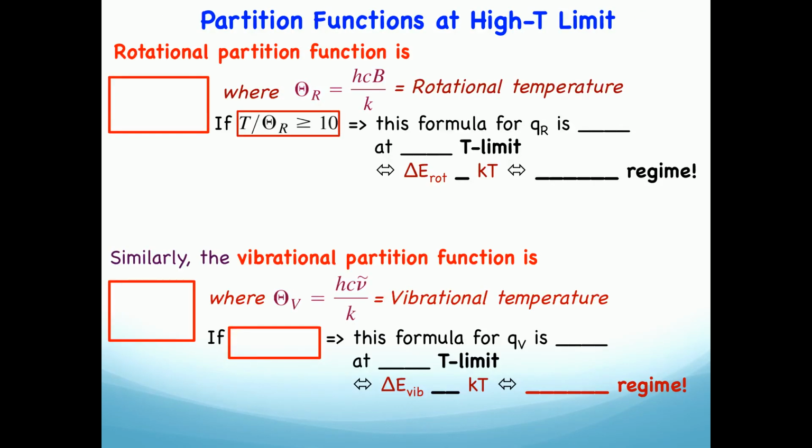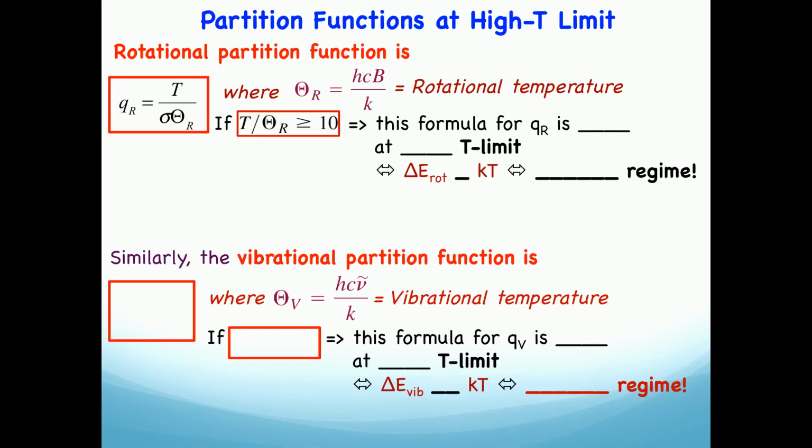So pretty much to summarize what I already said, comparing rotational versus vibrational partition function. For rotations, we have this rotational constant, hcB over k, everything in standard units except B is in wave numbers. At the conditions T much larger than theta, the formula would be on the blackboard and whiteboard.